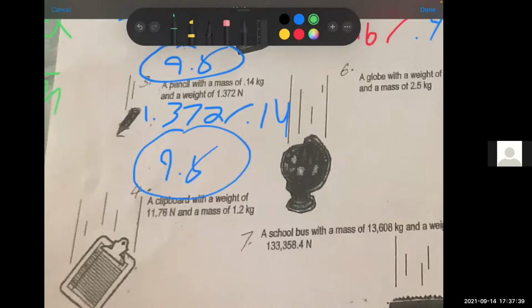Remember, you can also put the fancy meters per second squared.